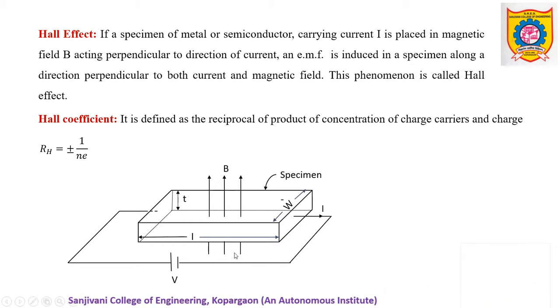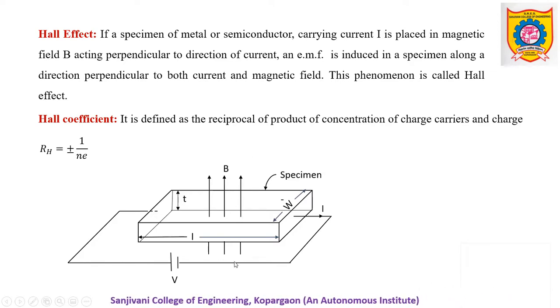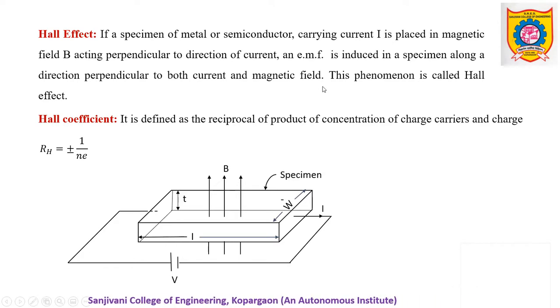Now as it is thought that magnetic field is directed in upward direction, that means we are indirectly assuming that here it is north pole and at the top of the specimen it is south pole, so that from north to south we get the direction of magnetic field. Under such a situation, for specimen carrying current I and now under the action of this transverse magnetic field, what happens?